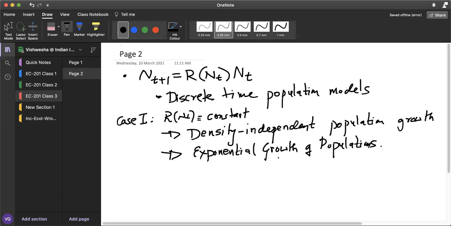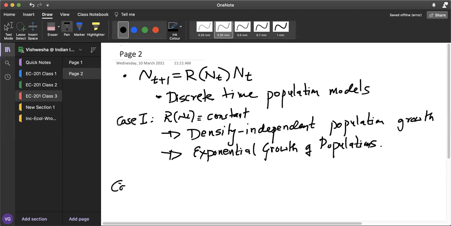You may say that growth requires R greater than 1. You're absolutely right. But growth can also be thought of as positive or negative, so in that sense this statement is still valid. We either have an exponential decay of population if R is less than 1 and constant, or an exponential positive growth explosion if R is greater than 1.